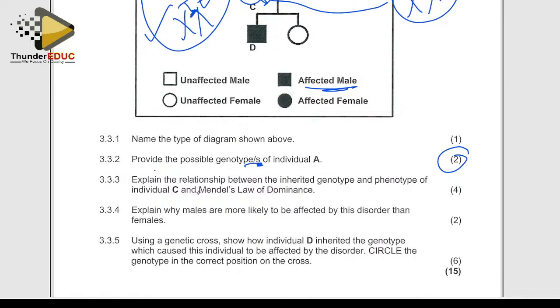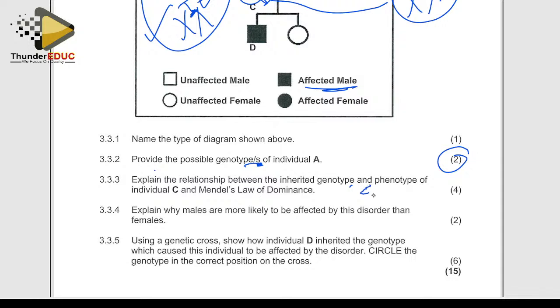Then they're saying: explain the relationship between the inherited genotype and phenotype of individual C and Mendel's law of dominance. They wanted Mendel's law of dominance. Today they brought all the Mendel's laws.